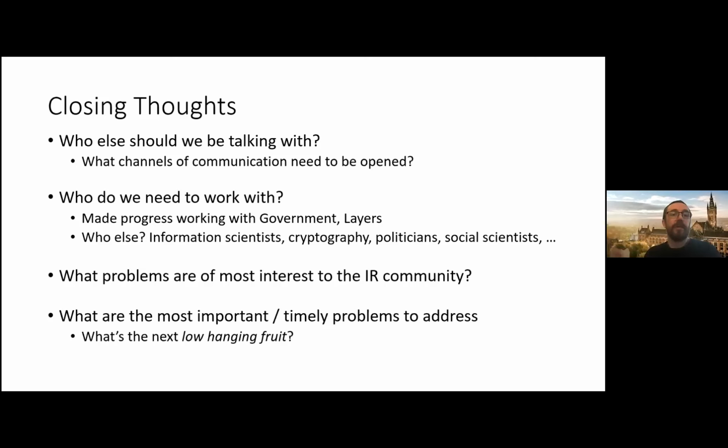So in order to do that, what other fields do we need to be working with? Information scientists, cryptography fields, politicians. We've worked with governments, but politicians are actually the ones that will be coming up with the new policies and will be fighting for them and arguing for them. So they're the policies of the future. Maybe we need to get in now and start planning ahead.